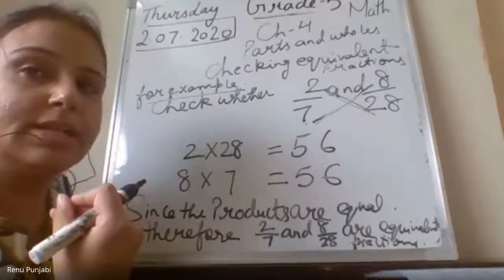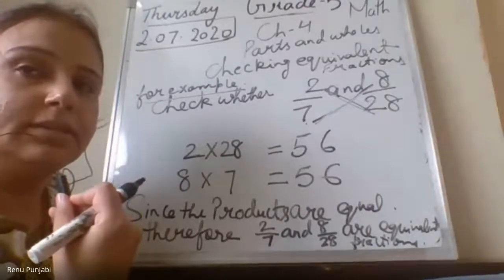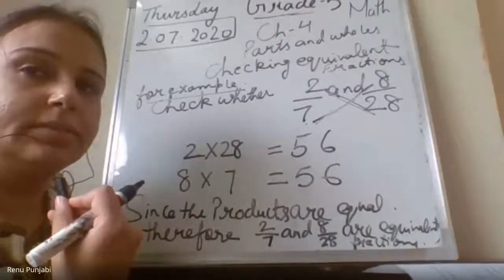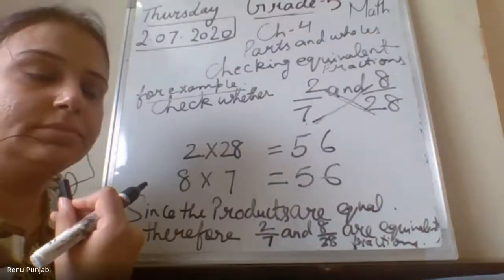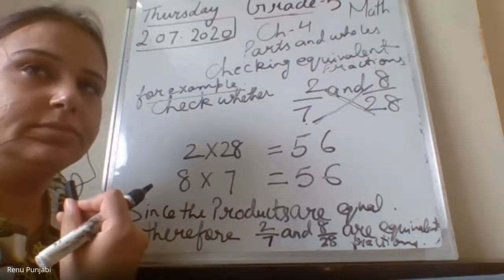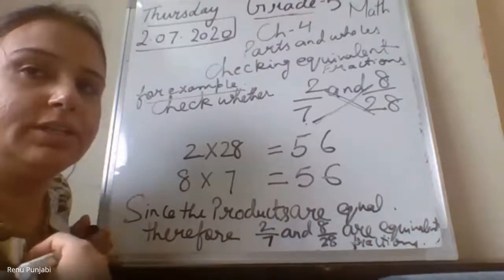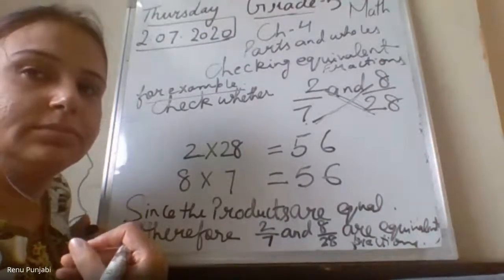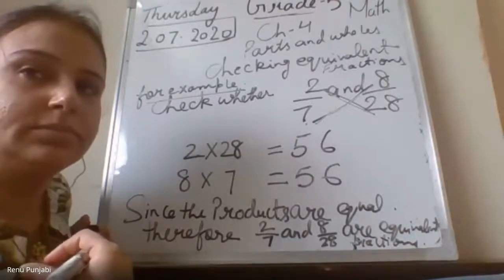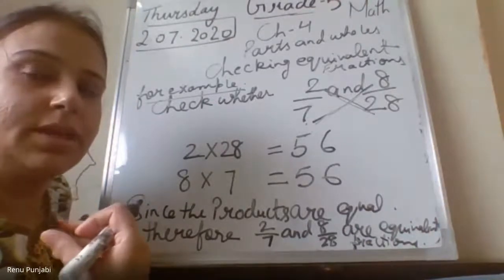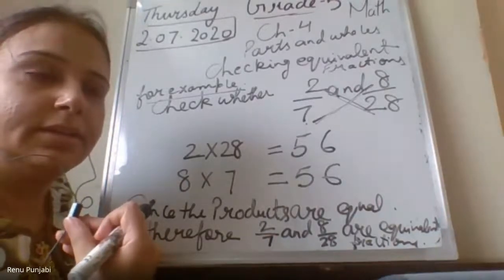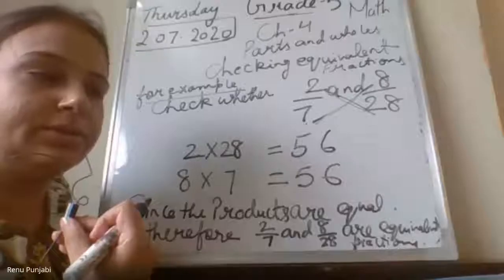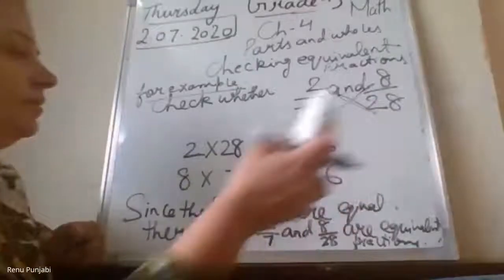Kanan, please write fast. Okay. Good, children. Very good. Yash Malhotra, you are clear? Yes, ma'am. Very good.